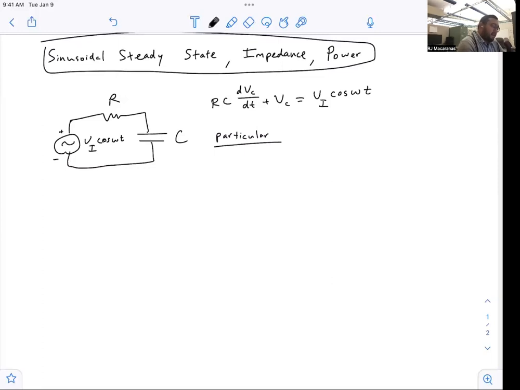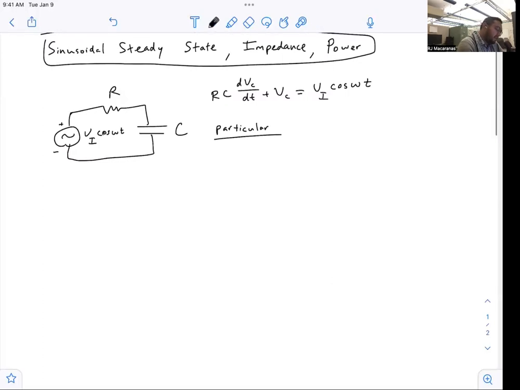But looking at this particular solution, our drive, this input is now Vi cosine omega t, which is kind of difficult to figure out via our original guess and check method. But what we can do is find the response due to maybe an easier input.